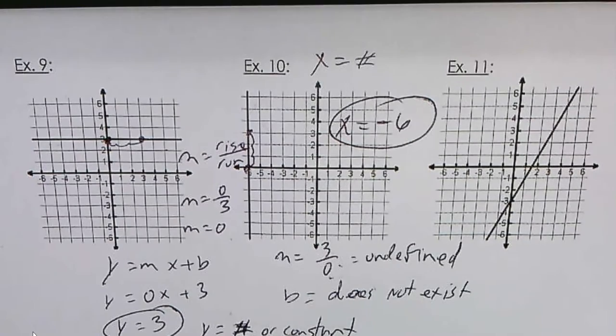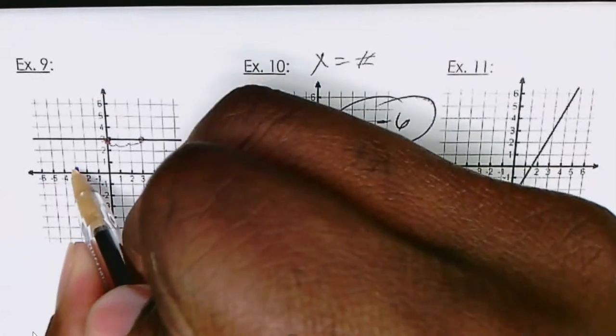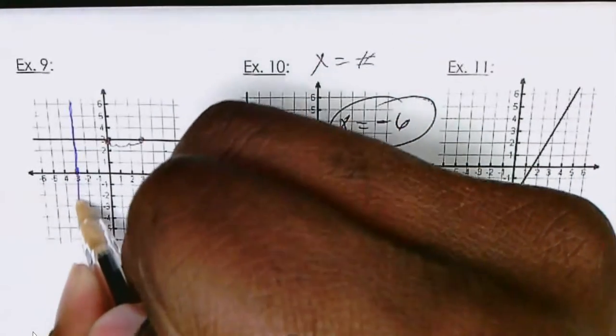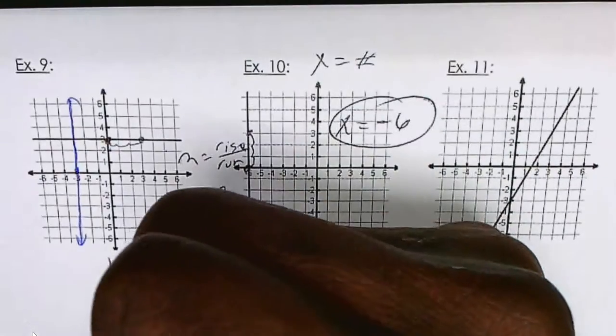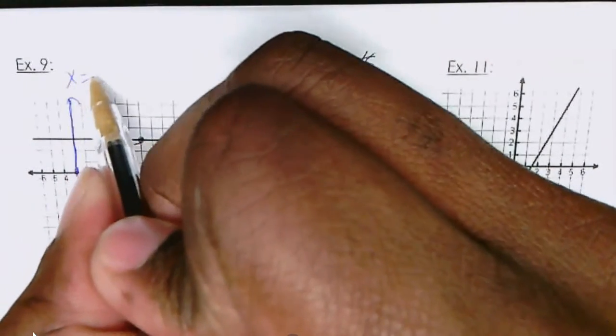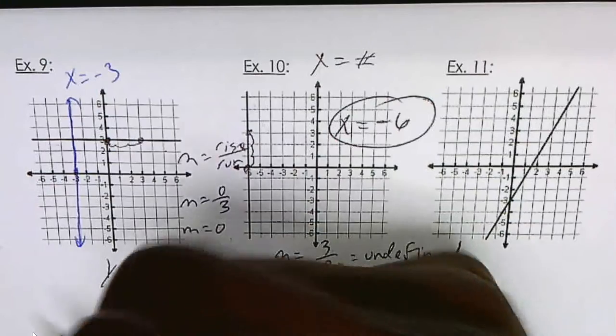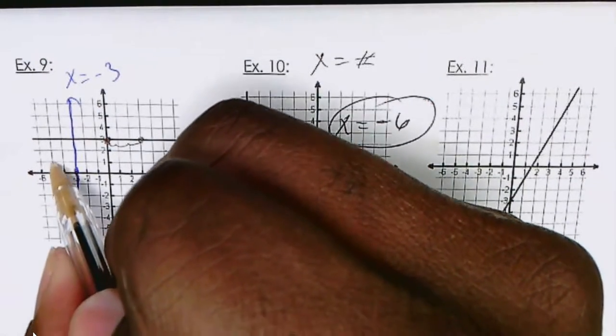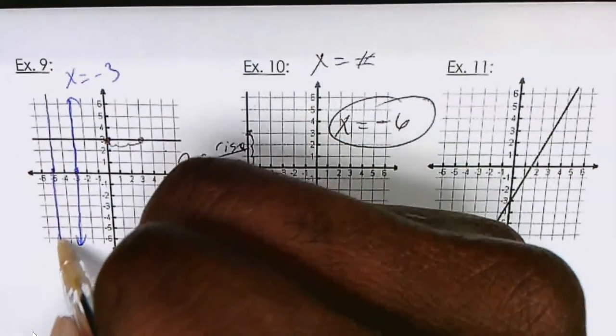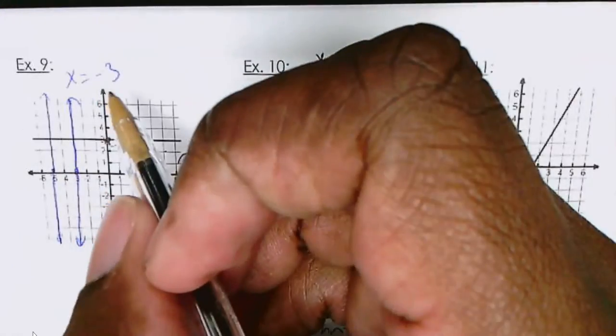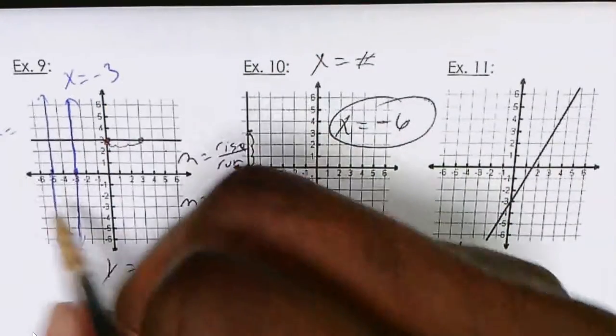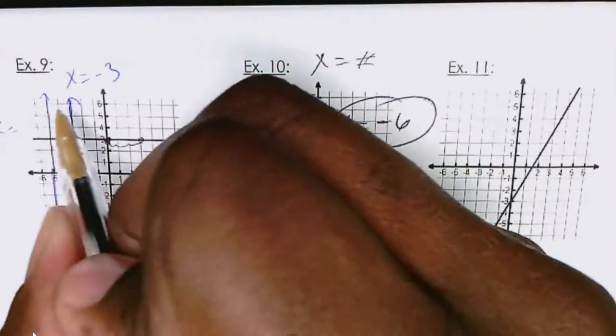Had I given you a different line, had I given you this line, and it was vertical, that line would just be x equals -3. It's a vertical line at -3. Had I given you this line, and it was vertical, this line would be x equals, looks like it crosses at -5.